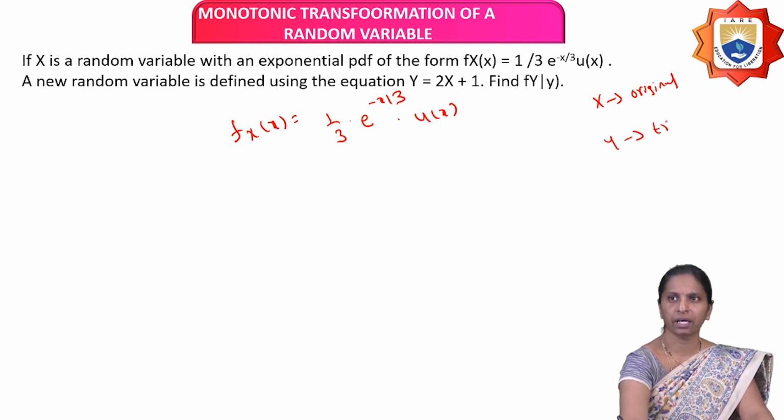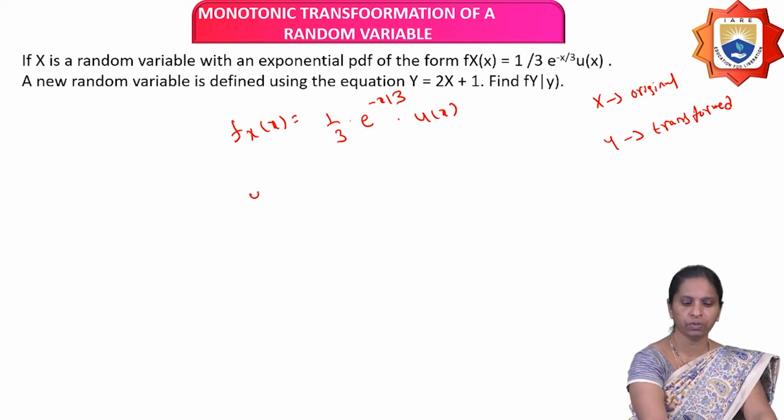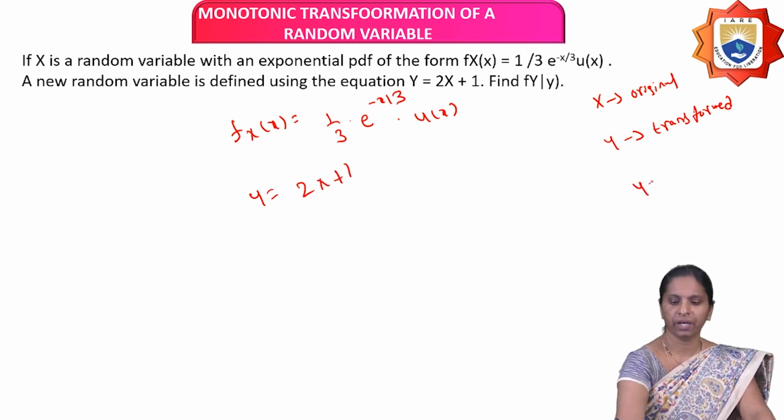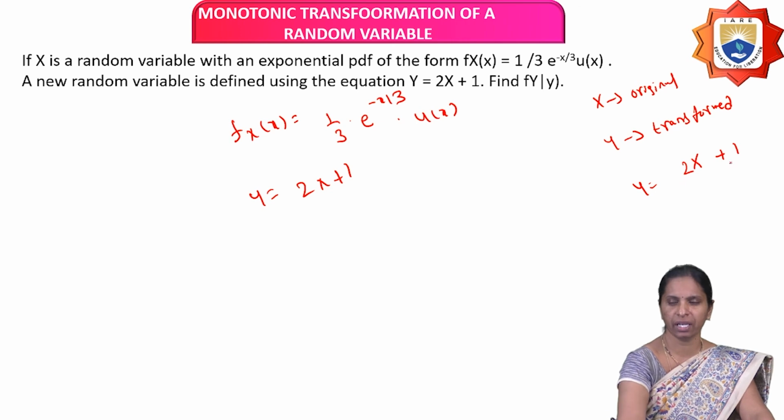It is the transformed random variable. By performing an operation on x, I am getting y. What operation? Y equals 2x plus 1. So I get y by multiplying x with 2 and then adding 1. So I am getting a new random variable y. Previously I had taken a and b. Here I have taken the values a as 2 and b as 1.